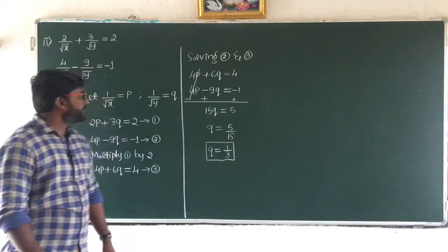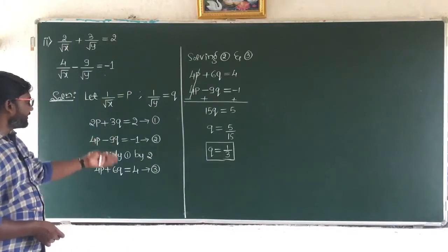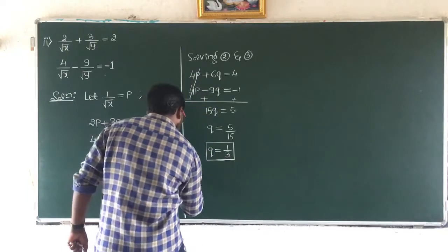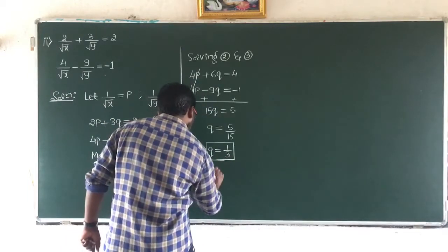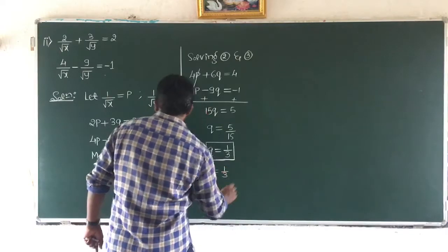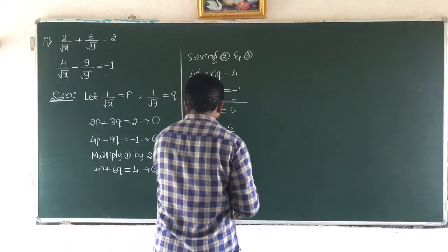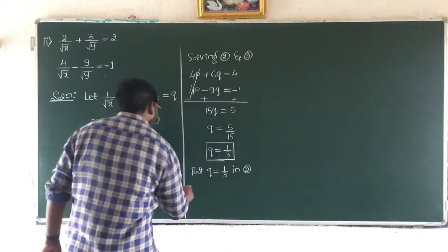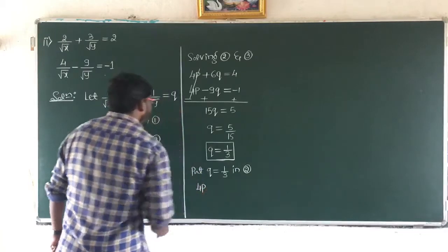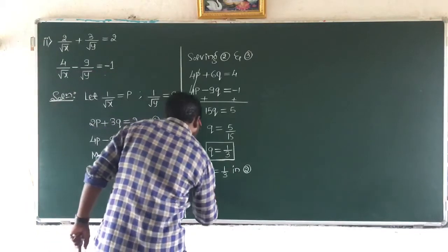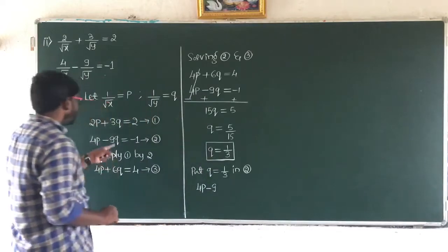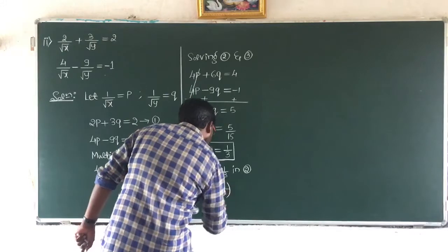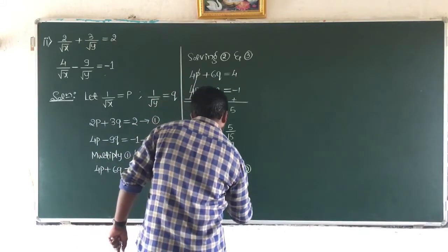Now substitute q equal to 1 by 3 in any one of the equations, and we get the value of p. So put q equal to 1 by 3 in equation 2. 4p written as it is, then minus 9, in place of q I write 1 by 3, equals minus 1.